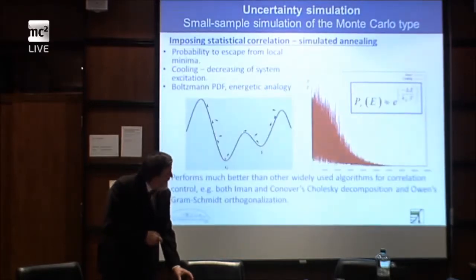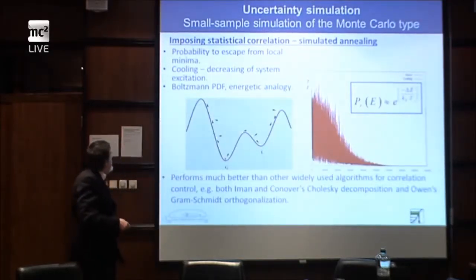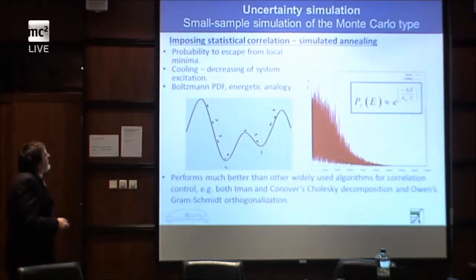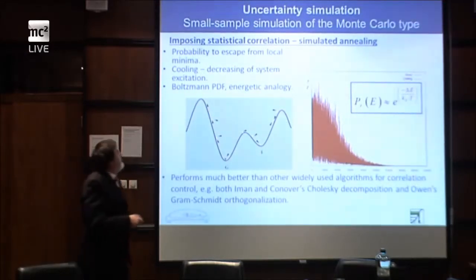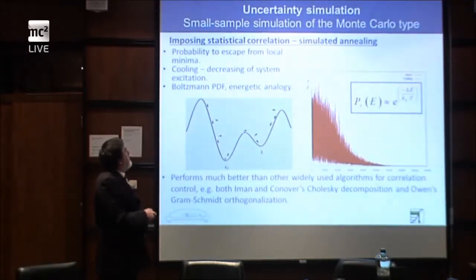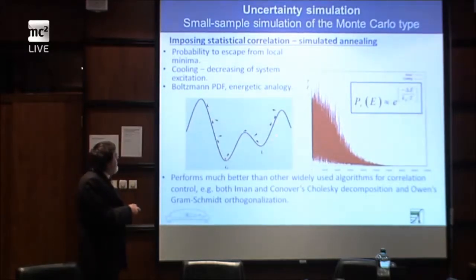on the simulated annealing technique. Simulated annealing is a sort of optimization technique, and it belongs to the category of stochastic optimization techniques. The beauty is that there is a probability of escaping from local minima.